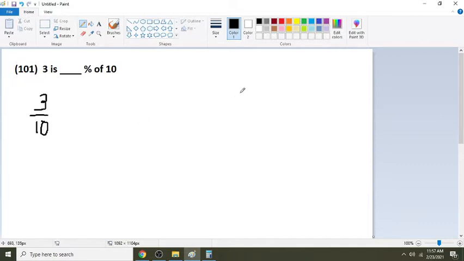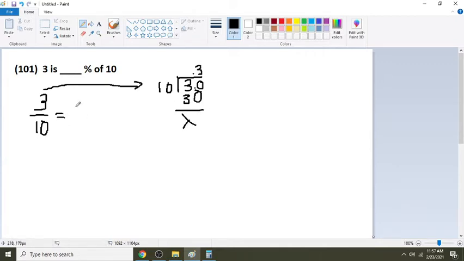That's 3 divided by 10. 30 divided by 10 leaves us with 3. 10 times 3 is 30. That's 0.3.